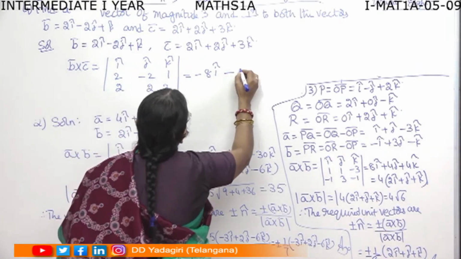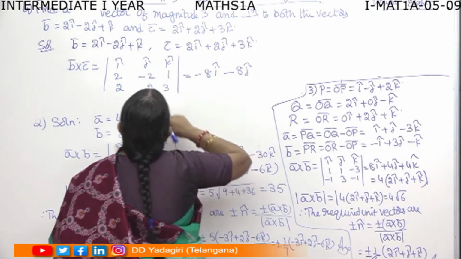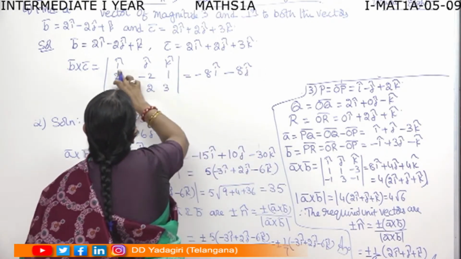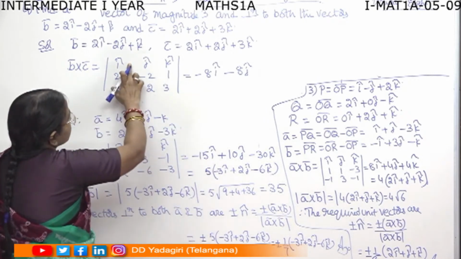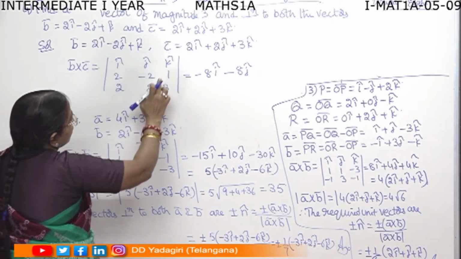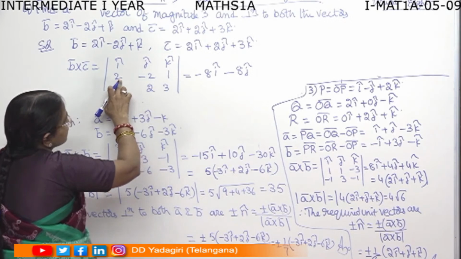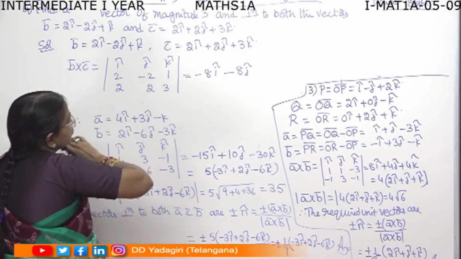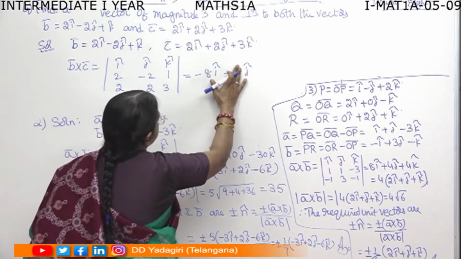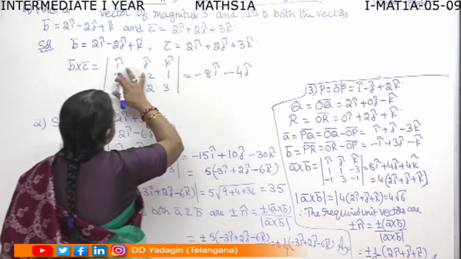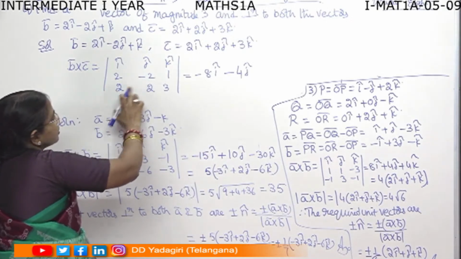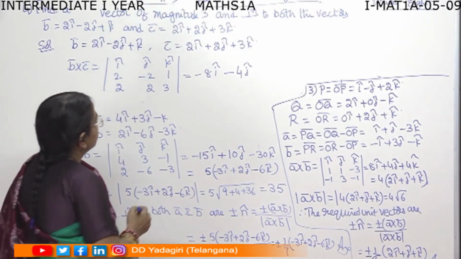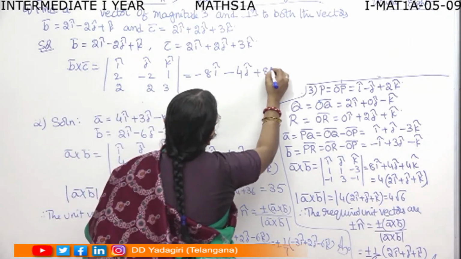So 8 minus 8j, and then k into, delete the row and column, sorry, minus j into, delete the row and column, then it is 3 to 6, 6 minus 2 is 4, so it is minus 4j, and this is k, 4 plus 4, 8, so plus 8k.